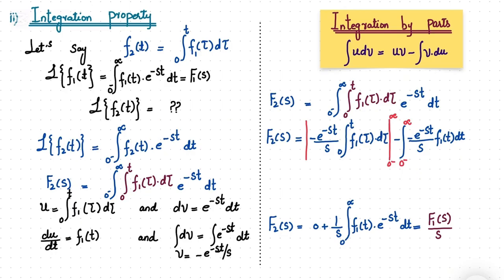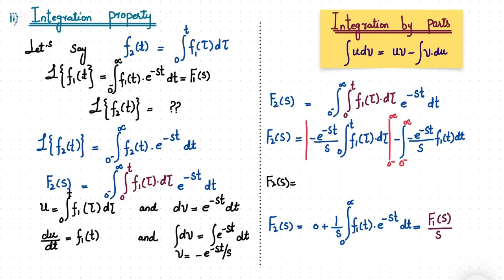Okay, now if we focus on substituting limits, when we substitute the upper limit for t in this factor, this is going to be minus e raised to power minus infinity. E raised to power minus infinity is always 0. When this factor becomes equal to 0, multiplied by anything it would be equal to 0.